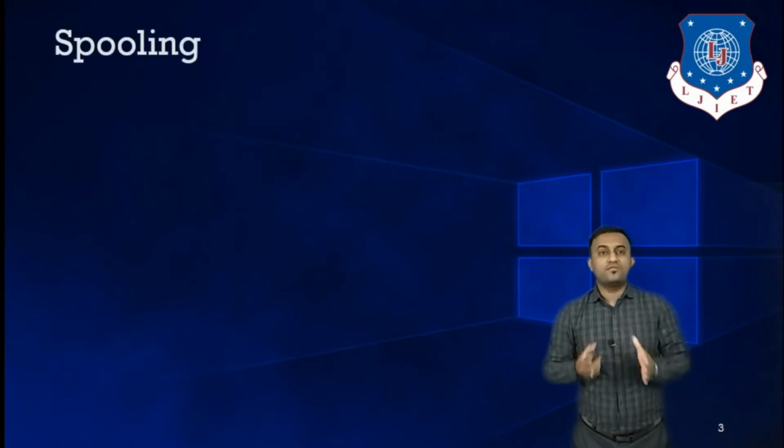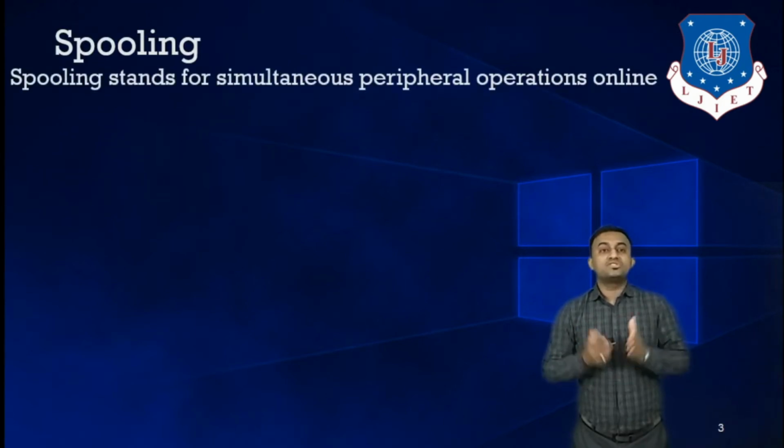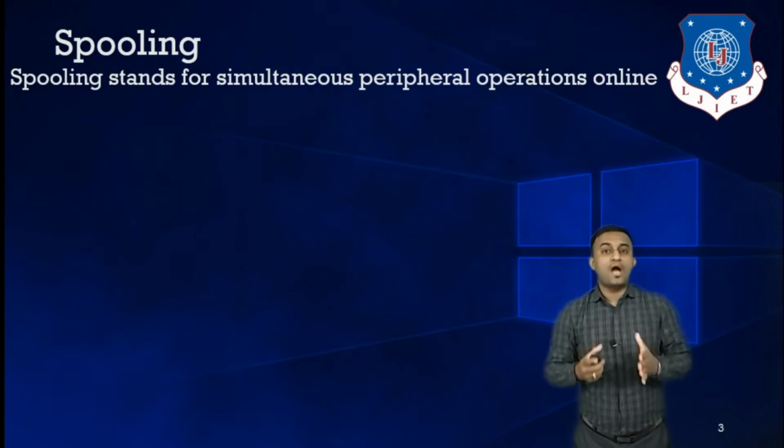Before discussing the concept of spooling, what does spooling stand for? Spooling stands for simultaneous peripheral operations online. Simultaneous means at the same time, you know very well. Peripheral operations means input output operations, and online means without intervention of IO devices.